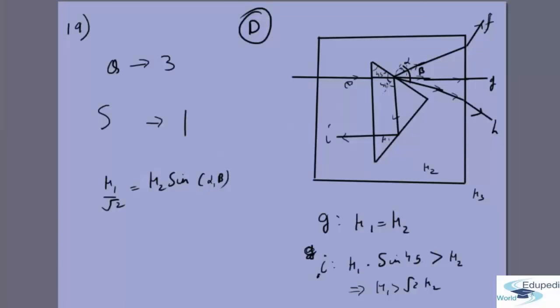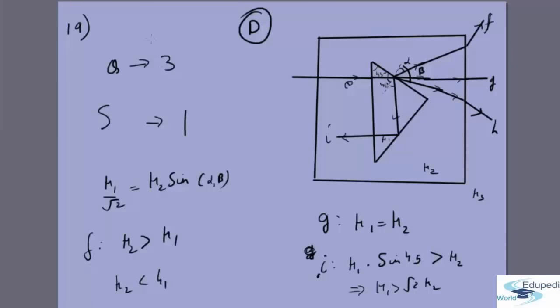Now sine alpha is less than 1 by root 2. If sine alpha is less than 1 by root 2, mu2 has to be greater than mu1. And if sine alpha is greater than 1 by root 2, then mu2 has to be less than mu1, right? So this is sine alpha less than 1 by root 2, which means F. So F has mu2 greater than mu1, which means option 2.